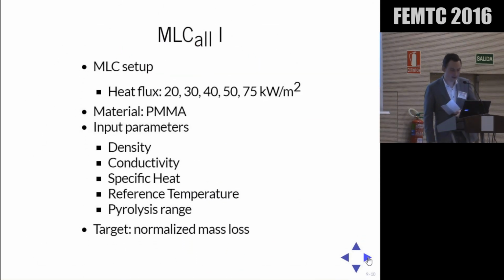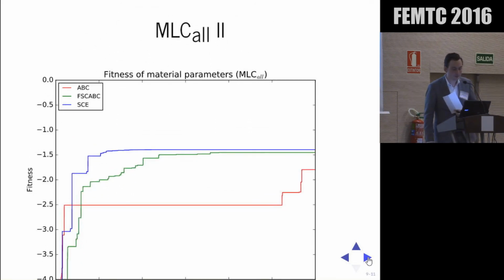Then we had 5 different heat fluxes on the same sample. We had 5 samples and applied 5 heat fluxes. Had the same input parameters, had the same target, and now we may see that the FSCABC performs a little bit worse than SCE, but as seen before, ABC performs way inferior to both of them.